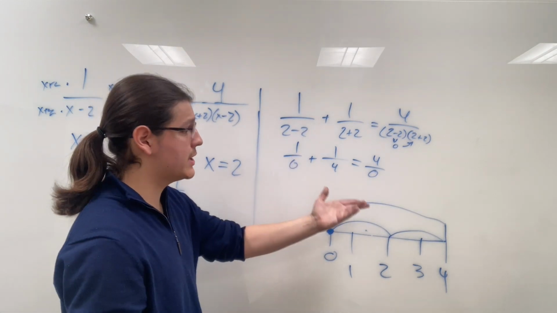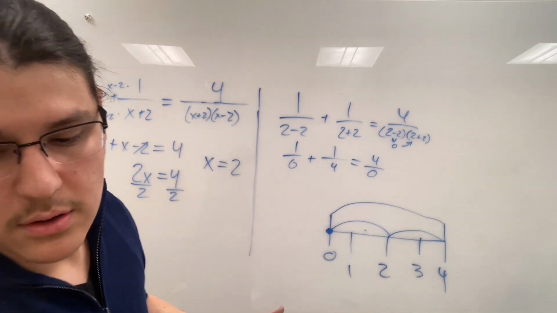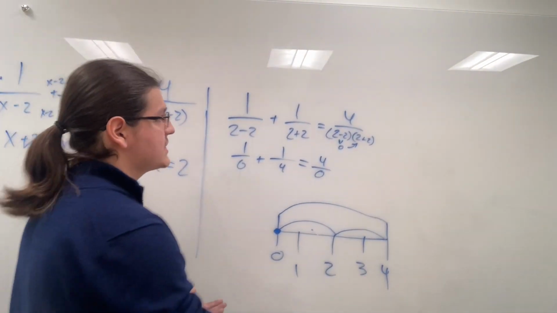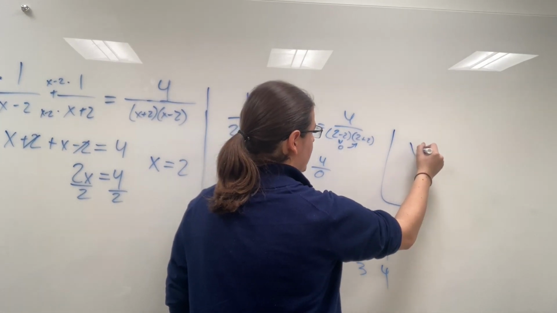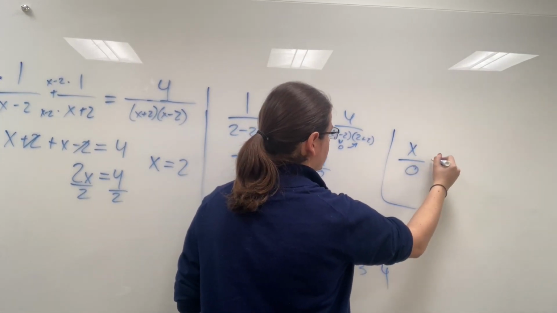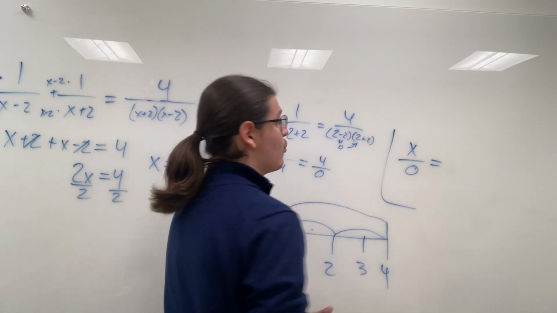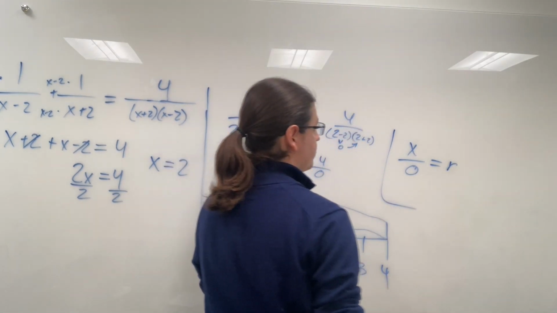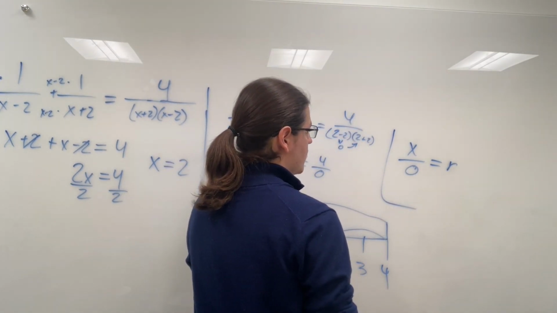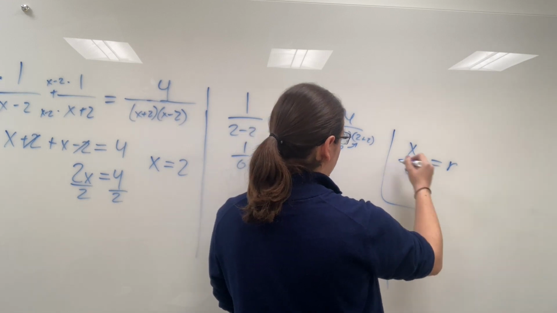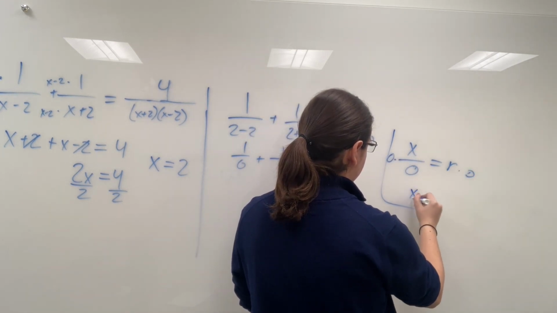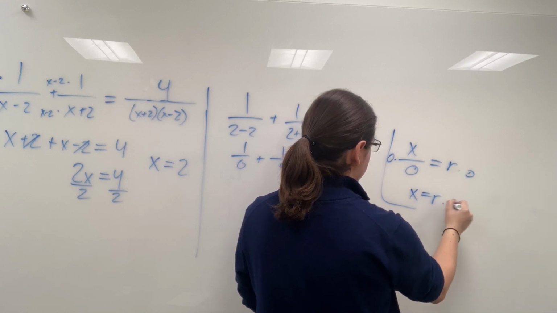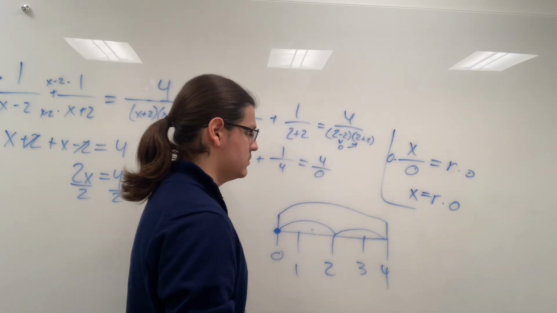Now, another way of looking at it, if we just had any number, x divided by 0, let's assume it was a real number r. We would have to multiply by 0 to check, so we get x equals r times 0.